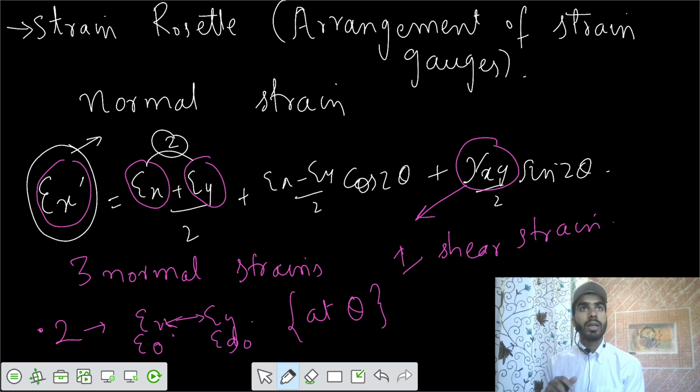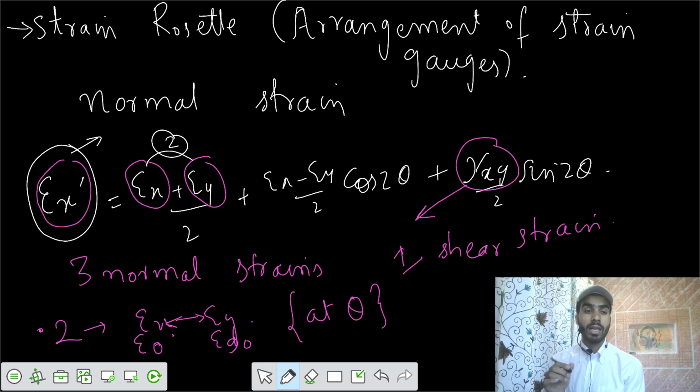Before that, you need gamma xy, but you can't directly measure the distortion angle. Strain gauges measure linear strain because of the change in electrical resistivity of the wire when it shortens or elongates.